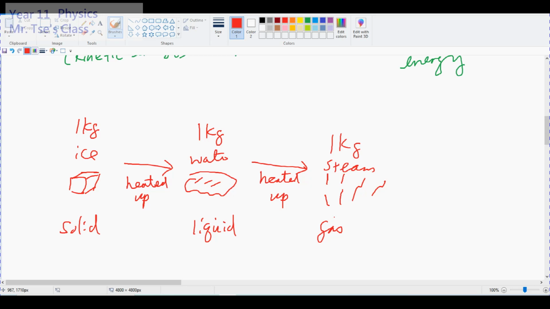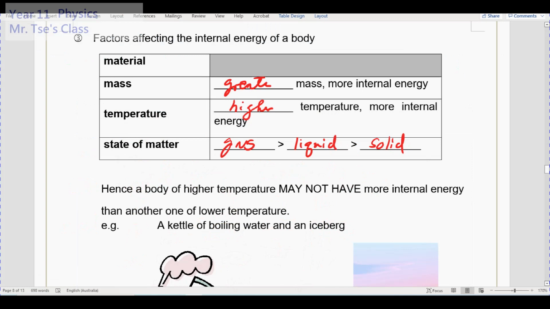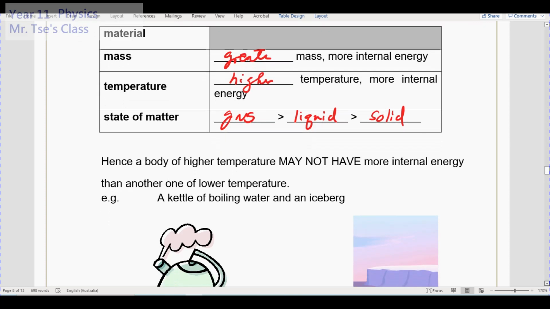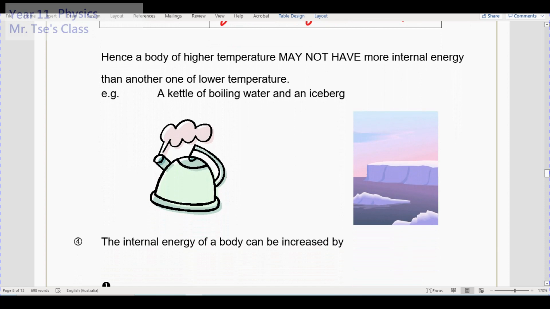So that means gas must have the greatest energy, because you need to supply energy from solid to gas. Okay, so that's why we understand gas must have the greatest internal energy. Okay, that makes sense?